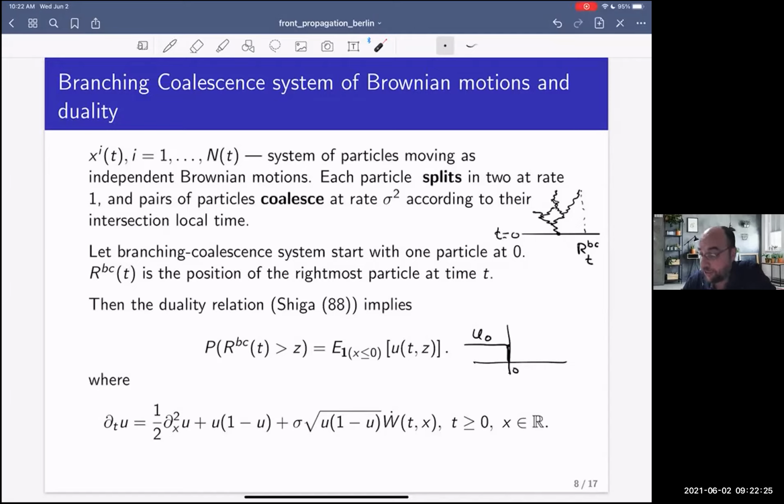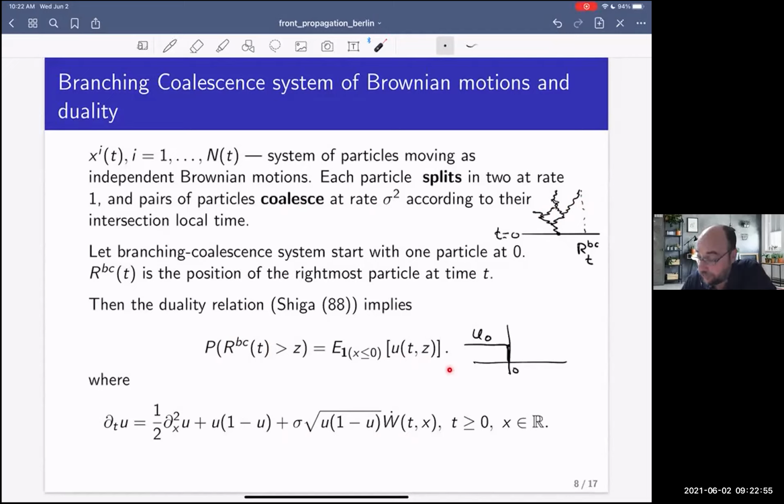Since the speed of propagation of u is related to the speed of propagation of this particle, clearly when we have the coalescence mechanism here, we have fewer particles than in the system without coalescence, which corresponds to the system without the noise, just branching Brownian motion, and it clearly propagates to the right at a slower speed than a system without coalescence.